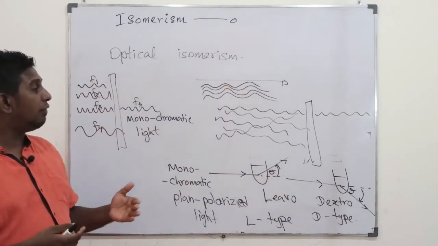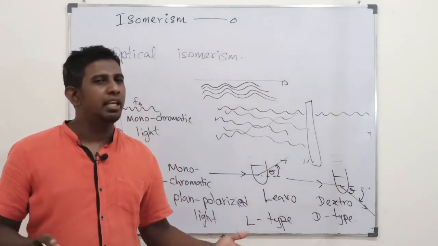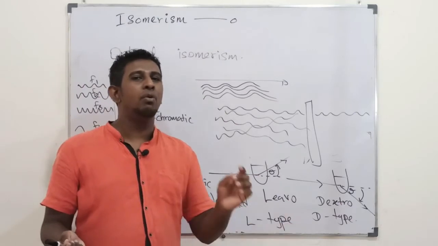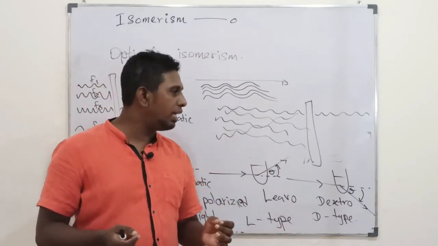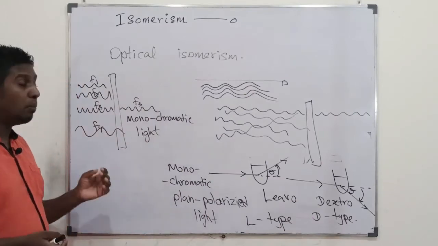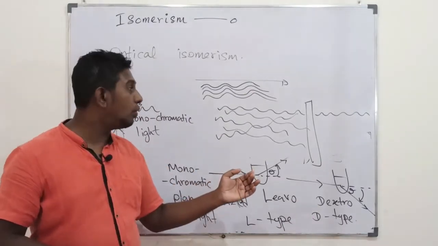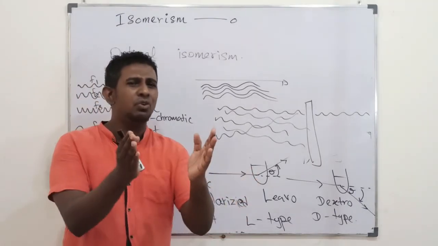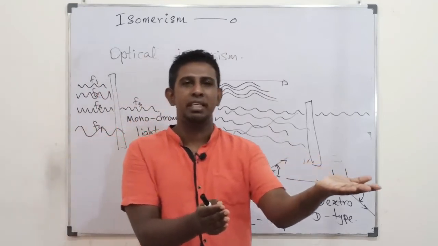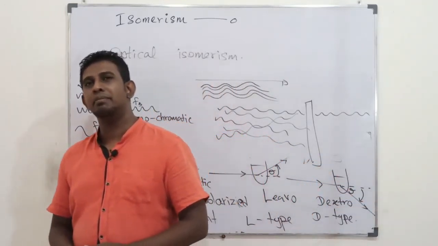And if you have different phases, different directions they are traveling, you can't give one specific angle only. Therefore, it is better to send monochromatic plane polarized light through those two types of enantiomers. Then we could distinguish one enantiomer type as the L type, the other type as the D type.